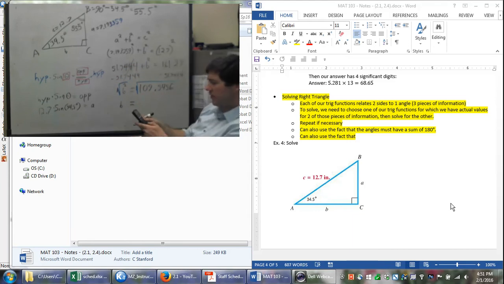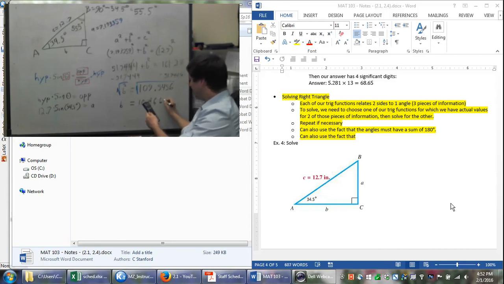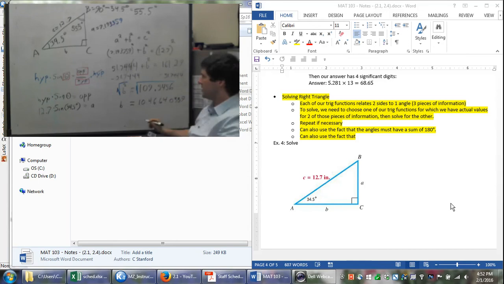I'll square the first one and get 51.7444, and I'll leave a big old mess of digits. But remember, at the end we're only going to have 3 significant digits.